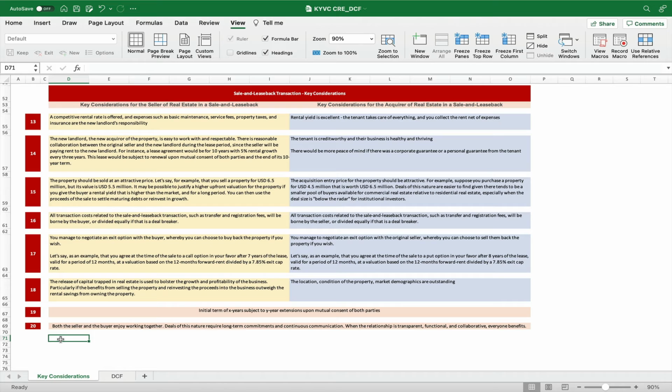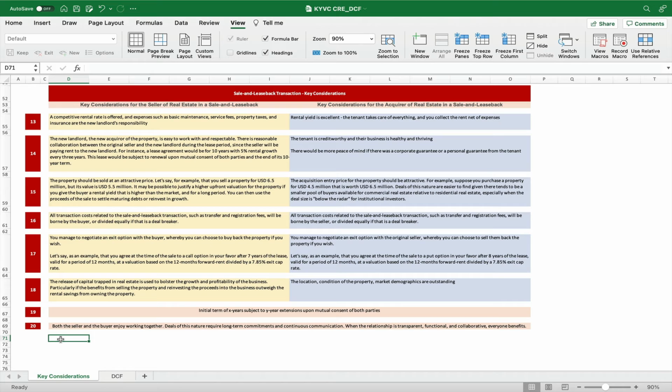But deals that are generally smaller are below the radar. And so the pool of buyers available for such deals, especially relative to the big commercial real estate deals or the residential market, tends to be smaller, which means that you can get good bargains.